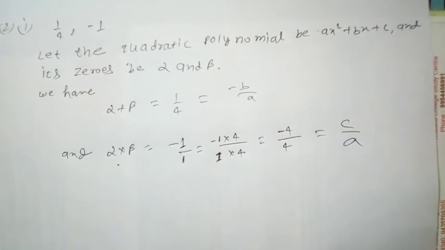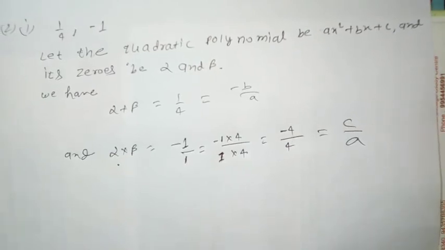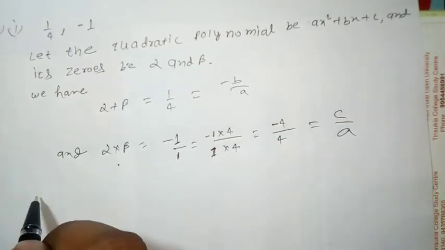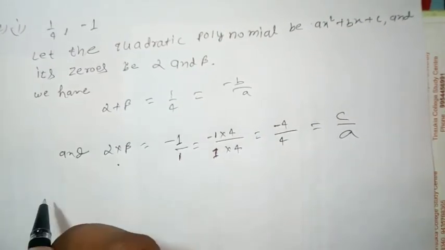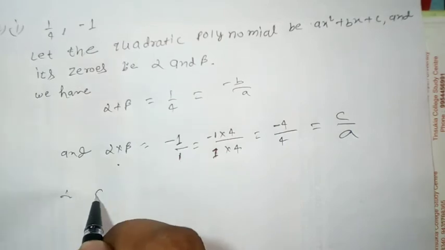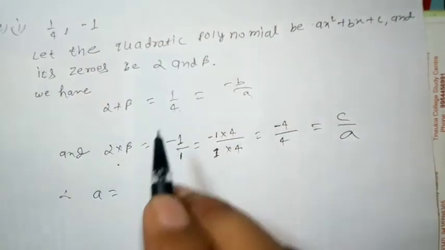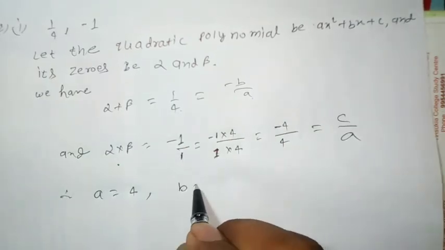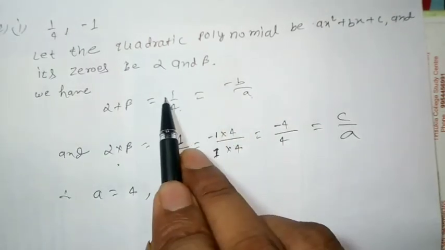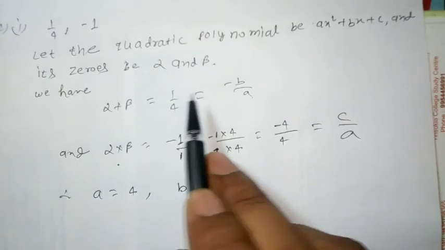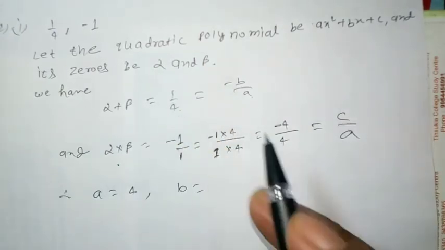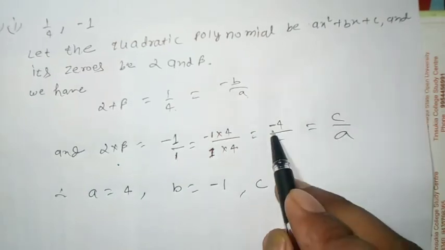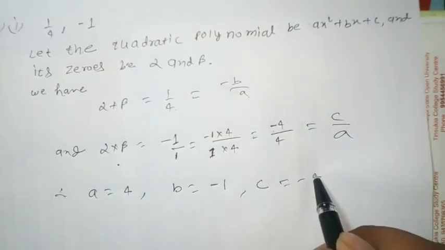Therefore a is equal to 4, b is equal to minus 1, and in this part there is no minus, so minus goes to the other side, c is equal to minus 4.